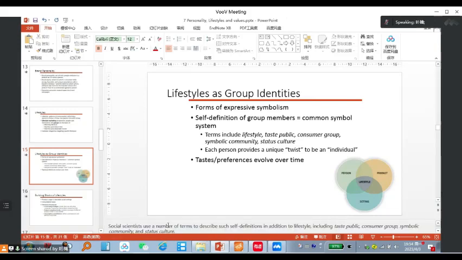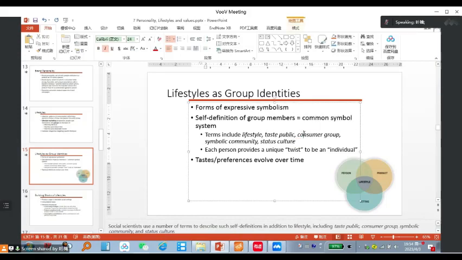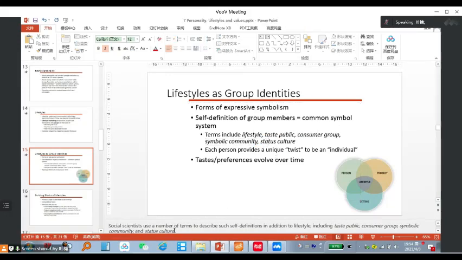Social scientists use a number of terms to describe such self-definitions in addition to lifestyle, including taste public, consumer group, symbolic community, and status culture. A goal of lifestyle marketing is to allow consumers to pursue their chosen ways to enjoy their lives and express their social identities.